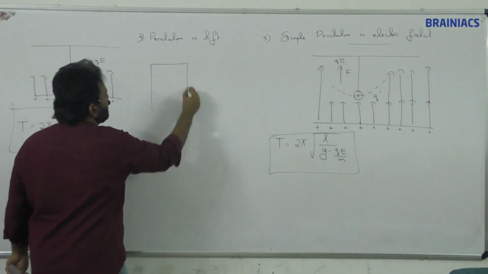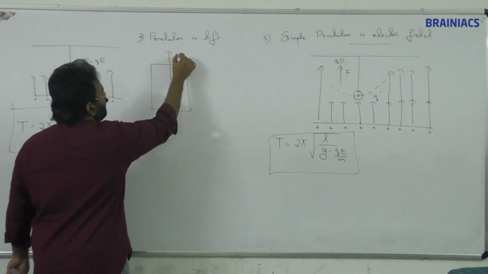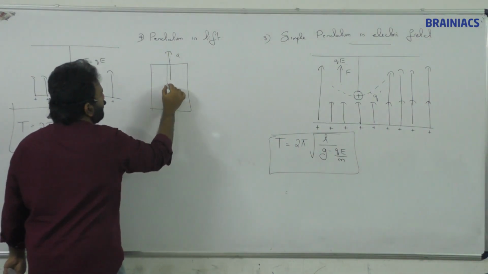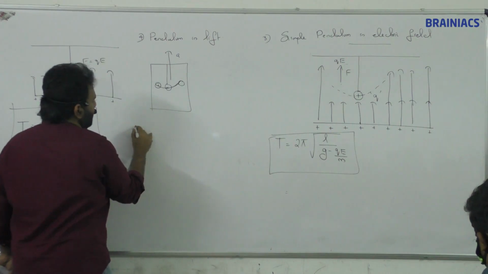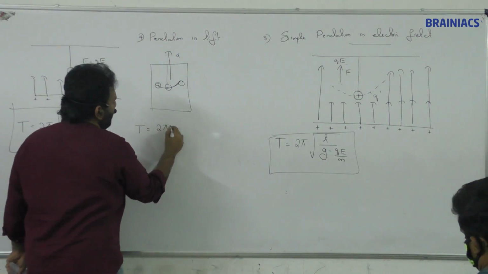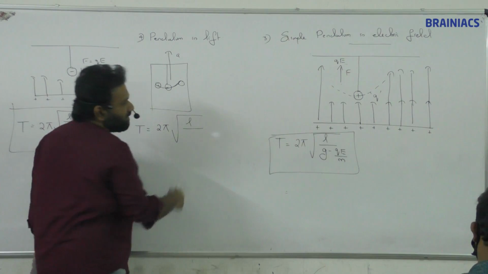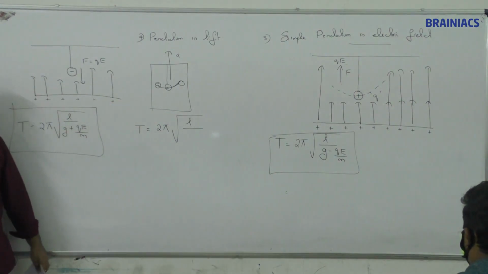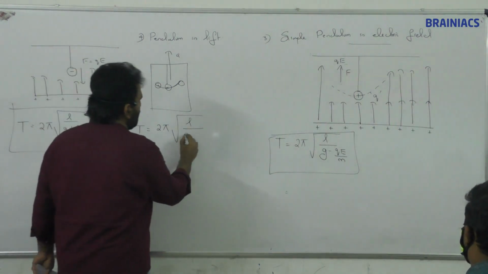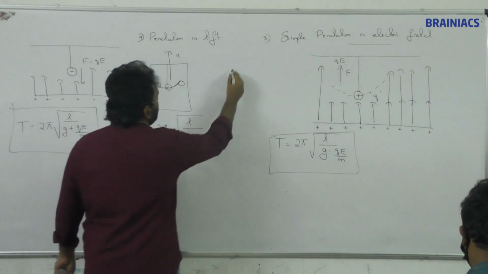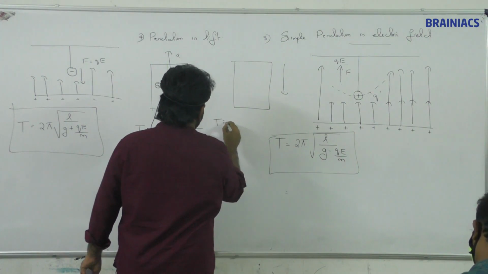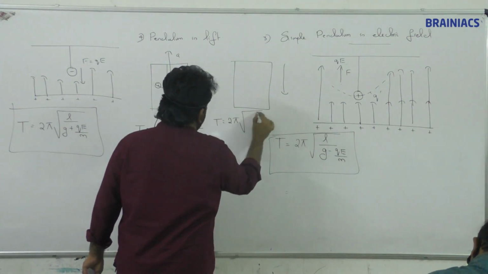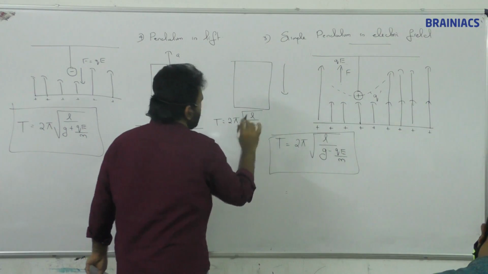Suppose the lift is going up, then the time period is going to be 2 pi into root of L by G effective, which is G plus A. If it is coming down, then T is equal to 2 pi into root of L by G minus A.